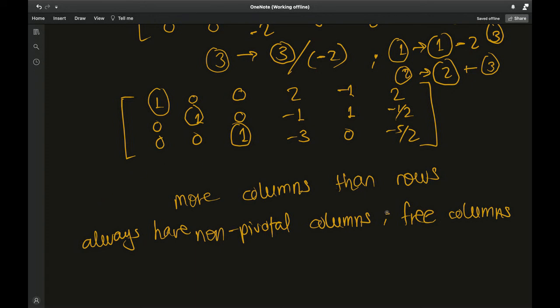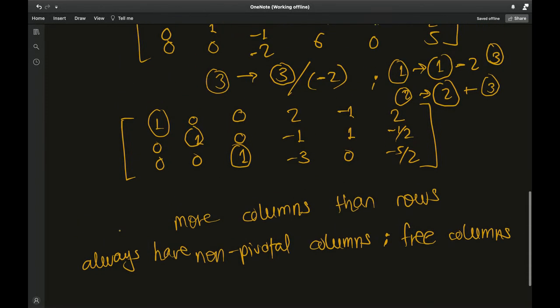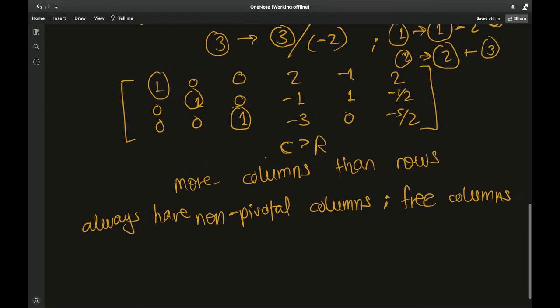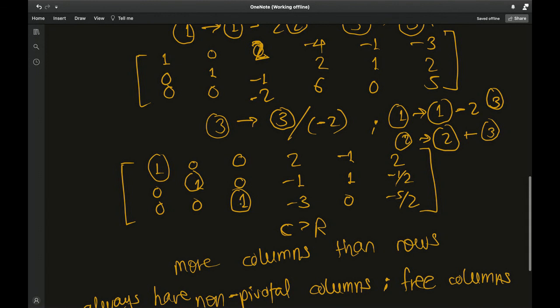I just wanted you to realize this first. We're always going to have non-pivotal columns when the column number is greater than the row number, because you're basically going to run out of any more rows to put pivots in. If we had another row, we could have achieved another pivot here, because we're going in a sort of diagonal fashion over here.